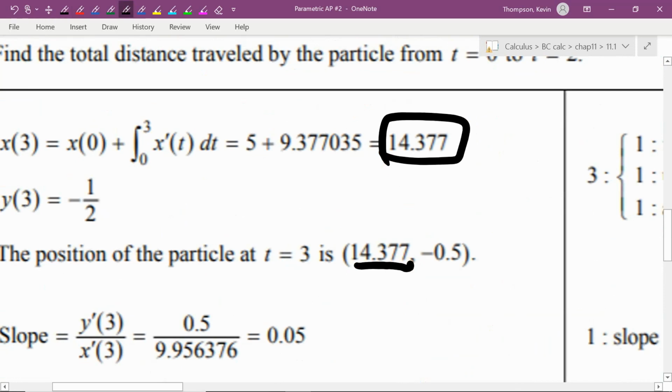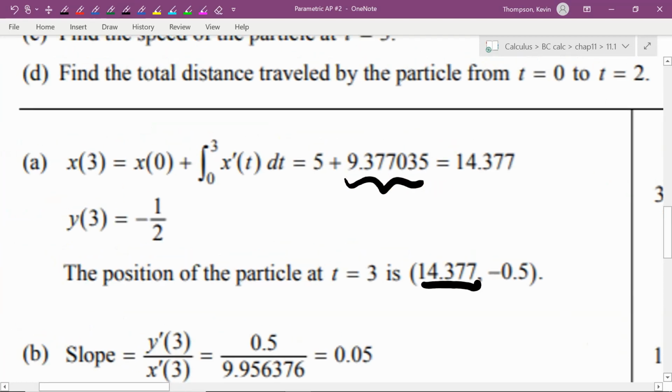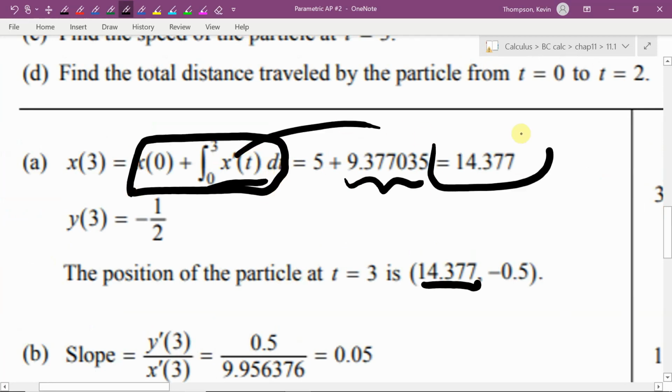Anybody do it? Okay. Yeah, so we just need enough here. I think they're just trying to show what this integral is. I would have typed it in all in one step to get this answer.